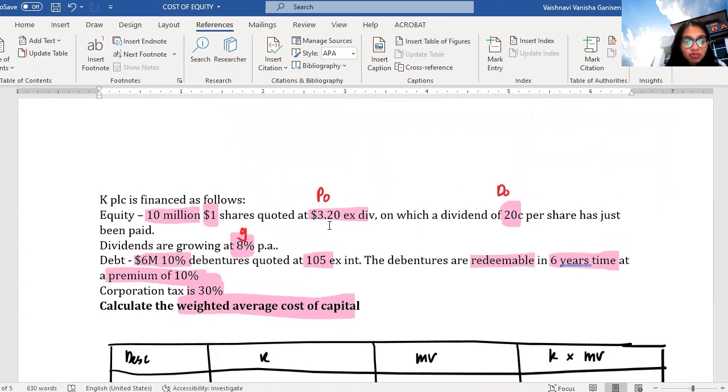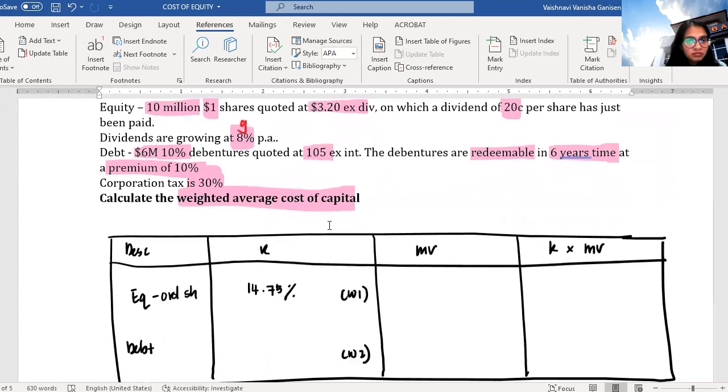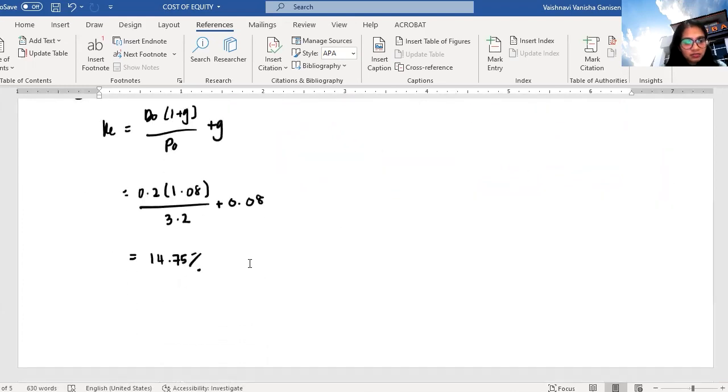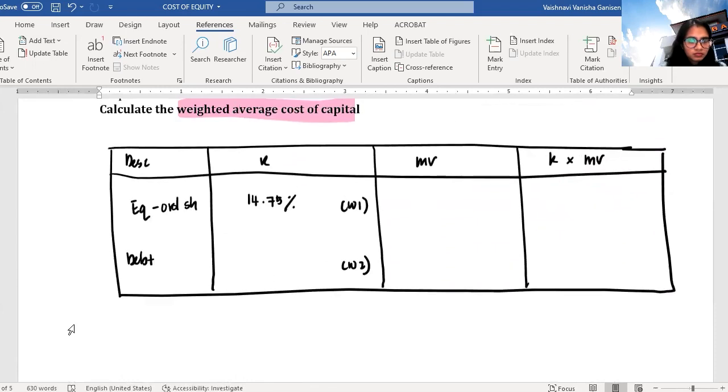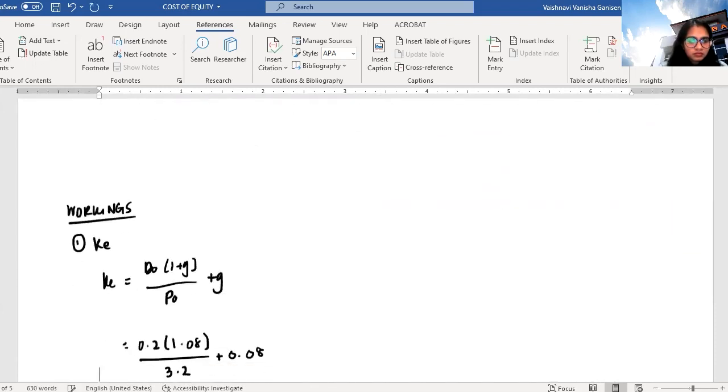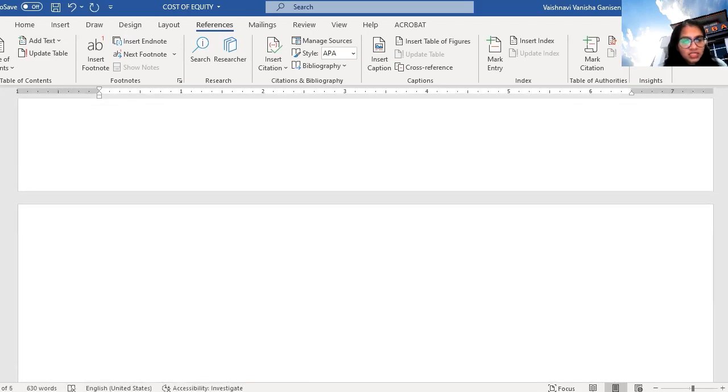Now your debt, guys, please pay attention to your debt. Market value 105. Redeemable at a premium of 10%. Working number 2, cost of debt.